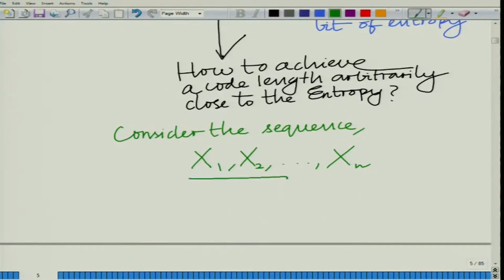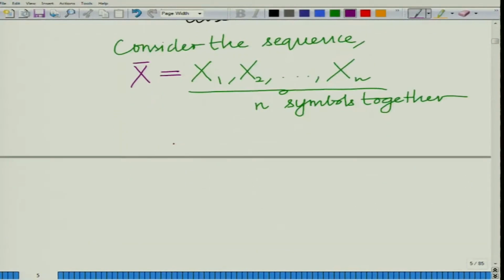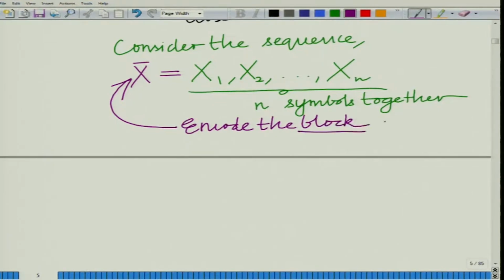That is, we are looking at n symbols together, or a group of n symbols, and let us denote it by the vector x bar. Now let us say I encode this block.